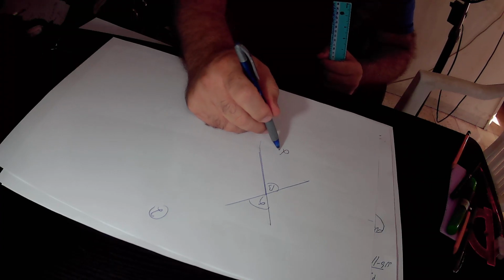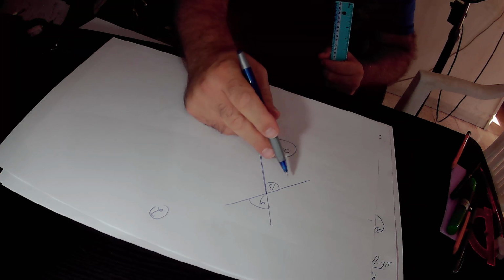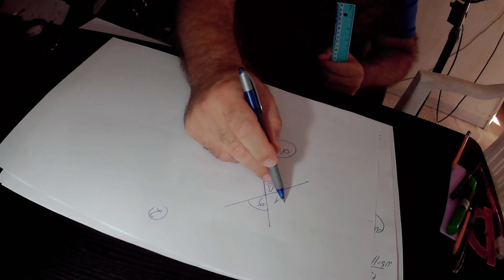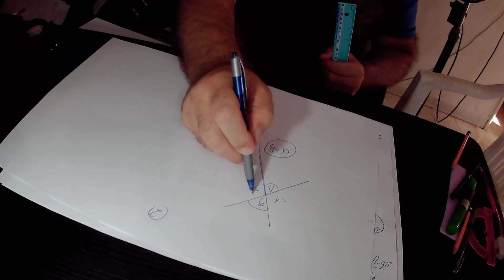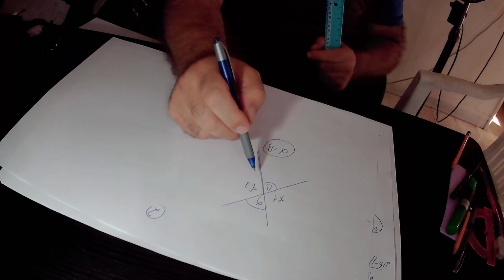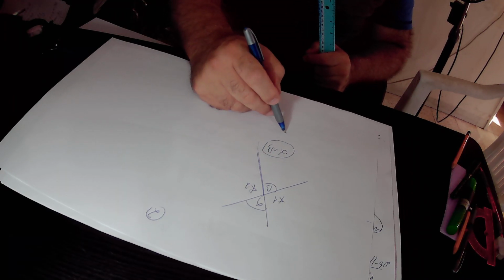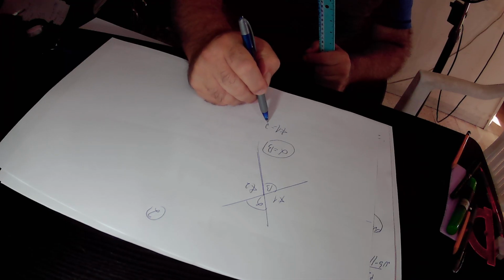That is to say, angle alpha equals angle beta. Likewise, we define this angle as 1 and this angle as 2. Angles 1 and 2 are also defined as vertex angles and therefore they are equal to each other. That is to say, angle 1 equals angle 2 in its size.